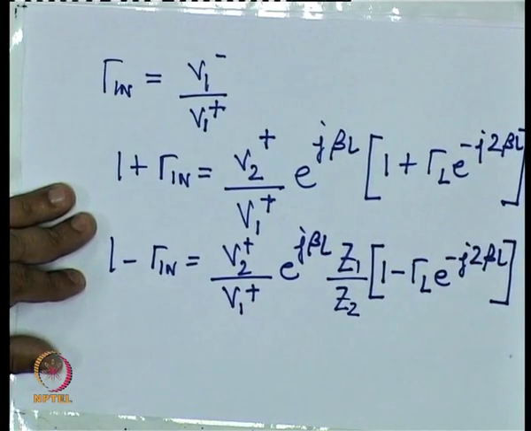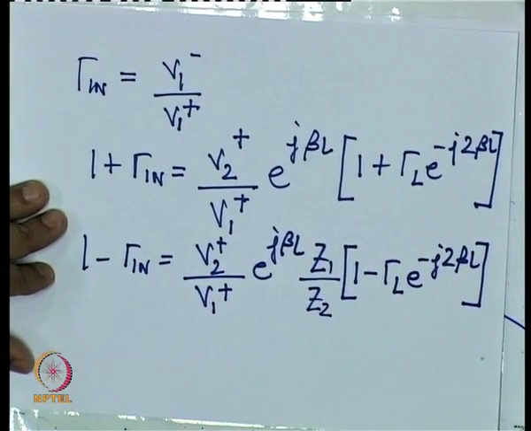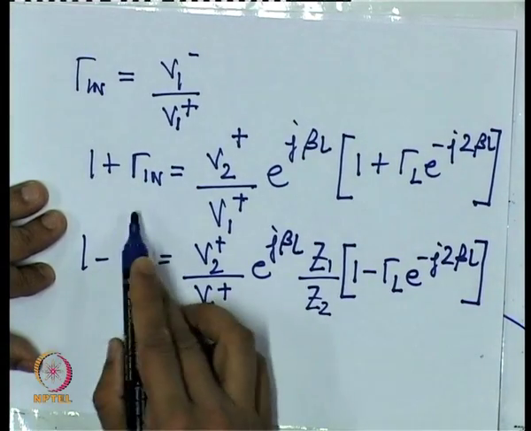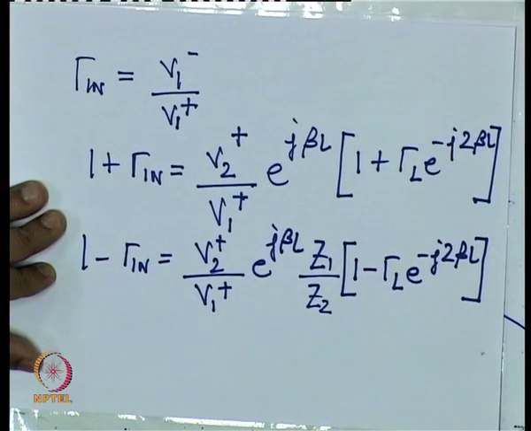So these are the two expressions that we can find for 1 plus gamma in and 1 minus gamma in.